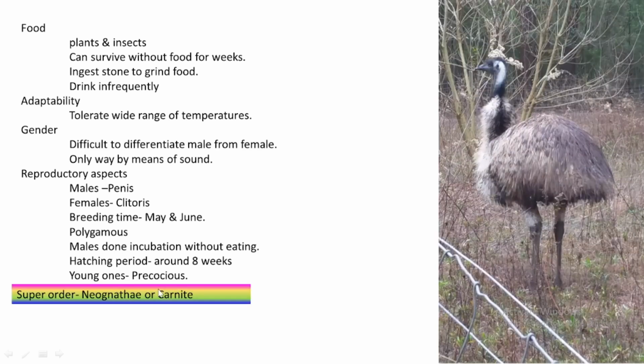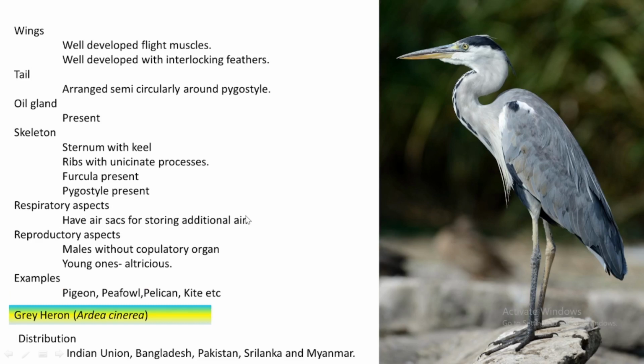Next superorder, Neognathae. Neognathae includes all modern flying birds. Neognathae is otherwise called Carinatae. Okay, first we are going to see its general features. They are modern flying birds. Regarding the head, the peculiarity is that its beak is toothless and also horny.